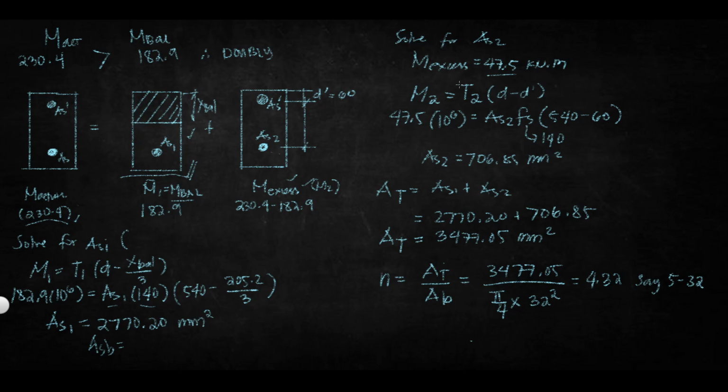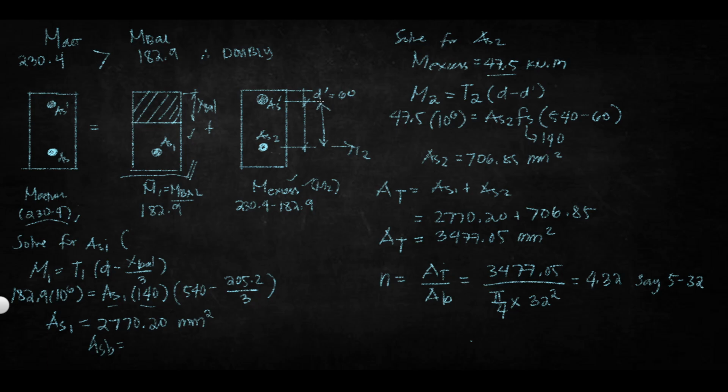So, from this, the same formula po dun sa ating M1 and T1, we're going to use M2, T2 naman dito. So, M2 is equal to T2 times, meron tayong D minus D prime dito. So, D minus D prime, as you can see here, itong distance na ito kasi kinukuha natin for the moment, diba? Yan. Then, ito yung ating T2.